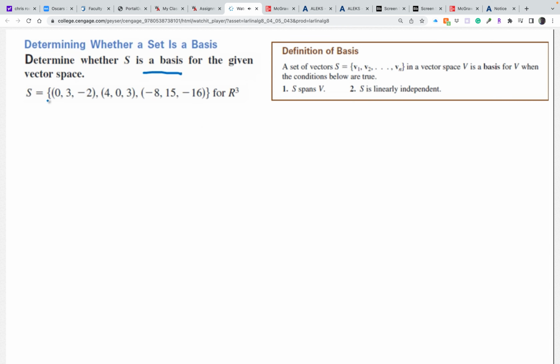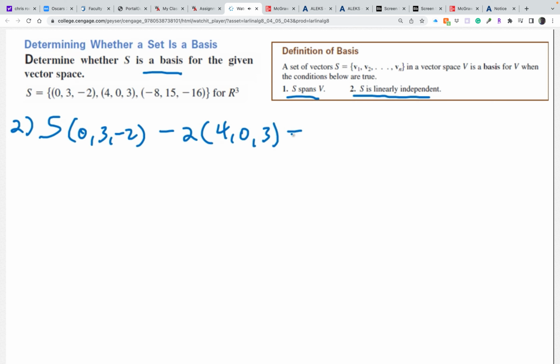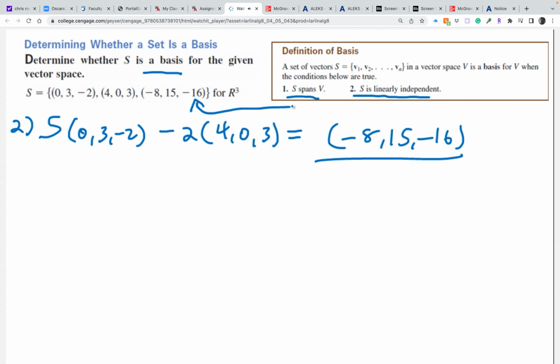So we see that in order for S to be a basis for R3, it must span R3, the vector space, and it must also be linearly independent. So we'll first take a look at the second condition, and we can note that if we take 5 times the first vector, 0, 3, negative 2, minus 2 times the second vector 4, 0, 3, we'll get the vector negative 8, 15, negative 16, which is the third vector here.